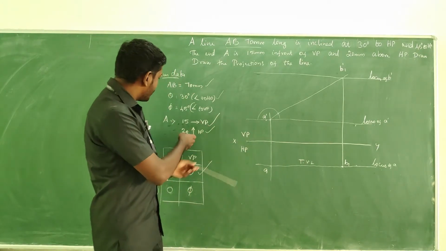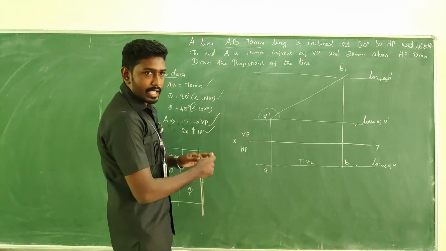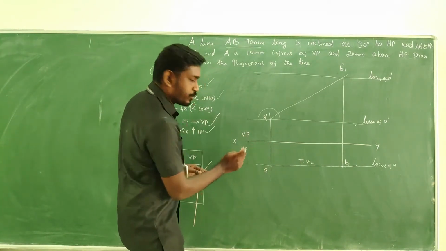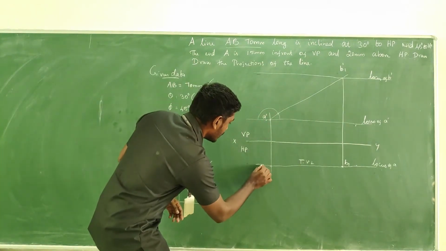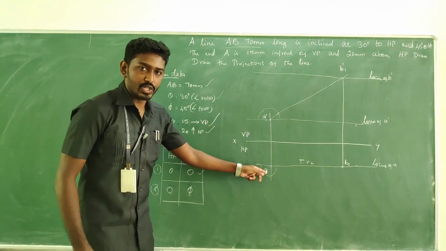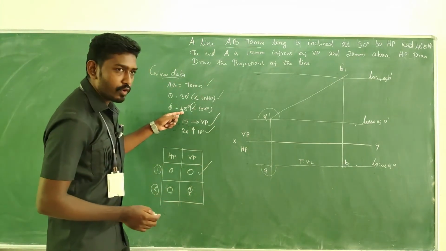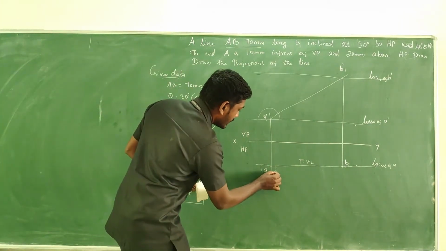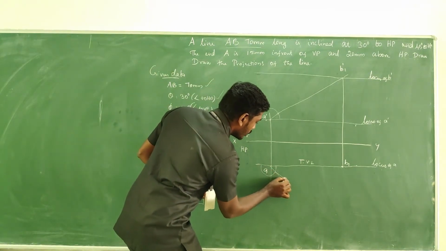So if it is inclined to VP, we take the inclined line in the HP plane. At point A, we keep the protractor, measure 45 degrees and draw an inclined line. It goes like this.